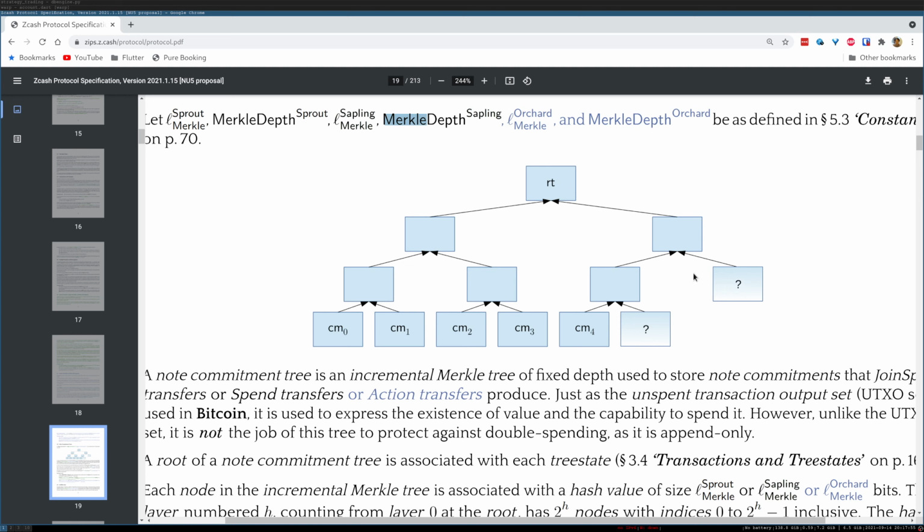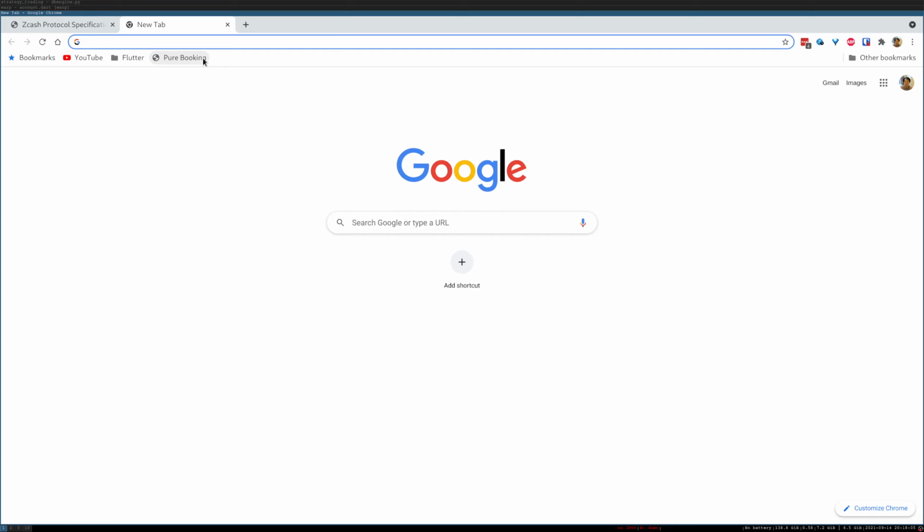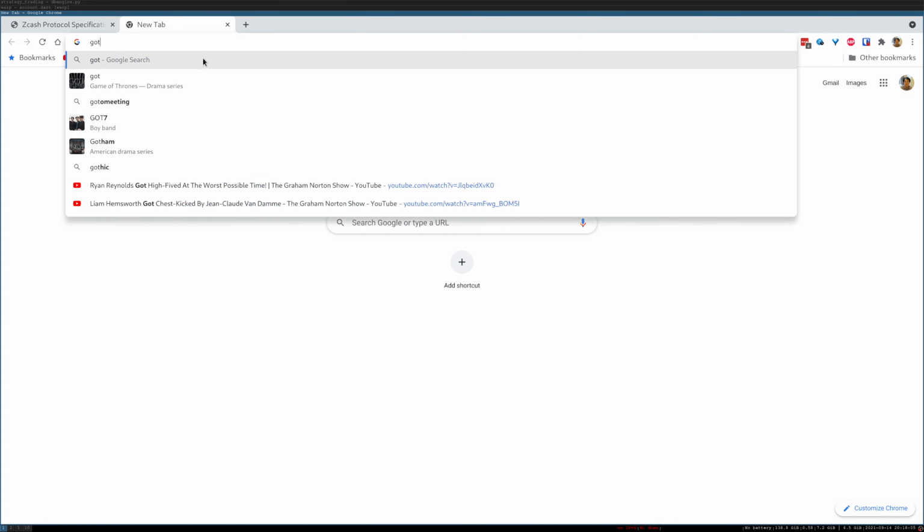Right. So the data structure for this is actually part of Libra's Zcash, and it's called a commitment tree.